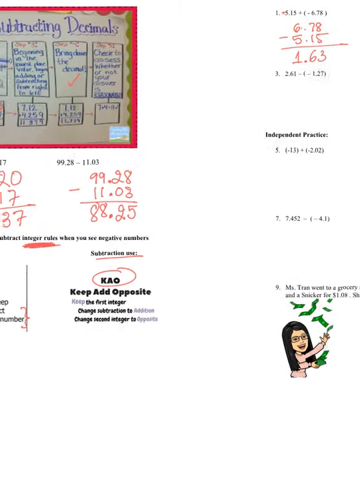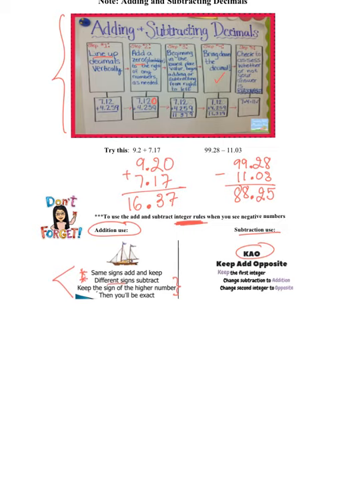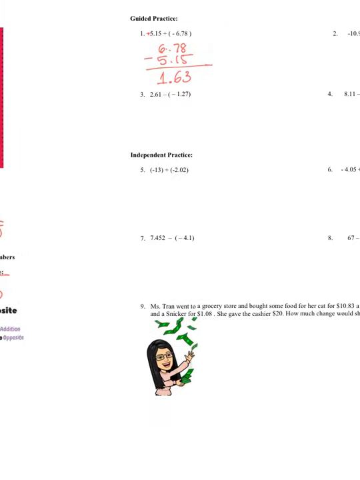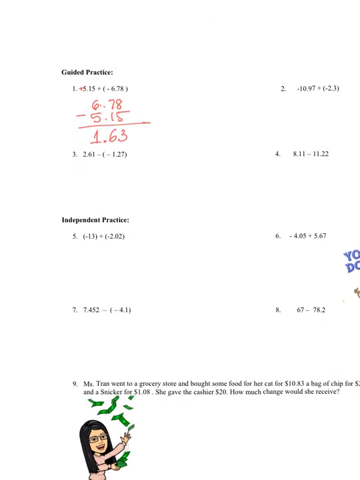Now, don't forget to keep the sign of the higher number. So the higher number is negative 6.78. So the answer will be negative 1.63.